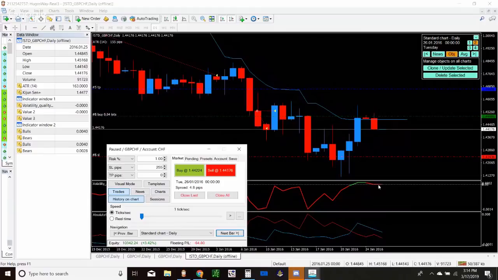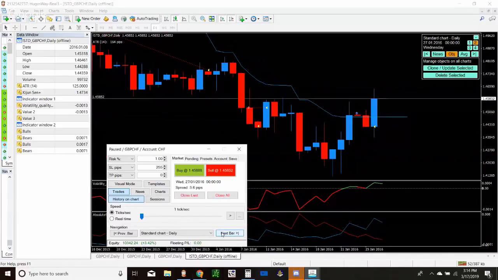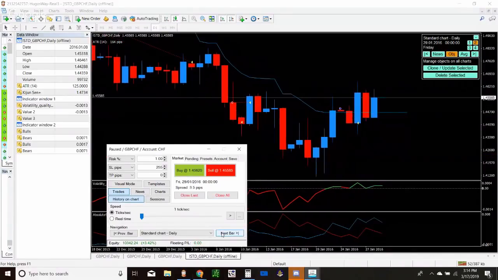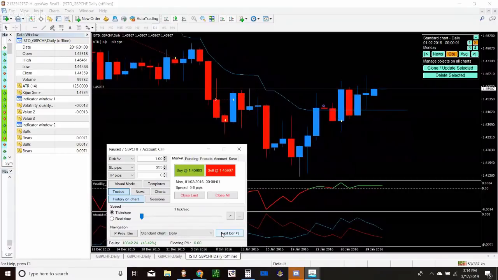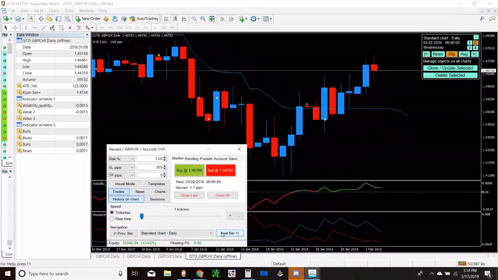Okay, so we do have an exit signal here on our VQ0 line, so go ahead and close out of that. We should have stayed in. May have had our take profit there. Yeah, we would have.